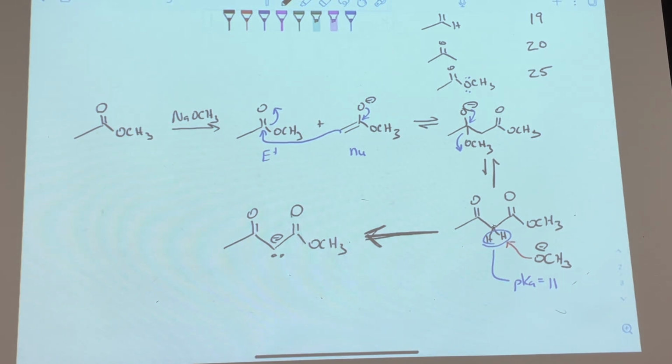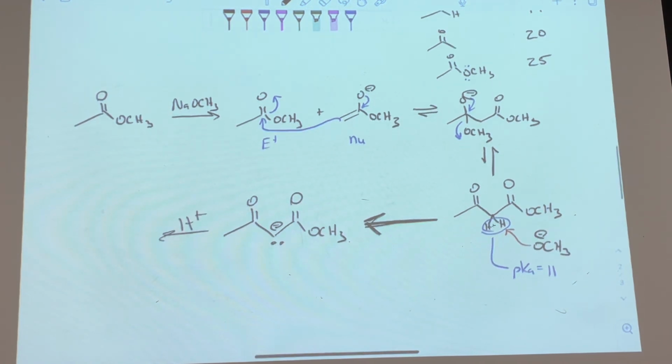So what that means for us is, since this is your product, all Claisen reactions will have a step 2, H+. We have to acidify the Claisen in the end so that you can isolate a neutral organic molecule. We have to give that double alpha position its proton back.